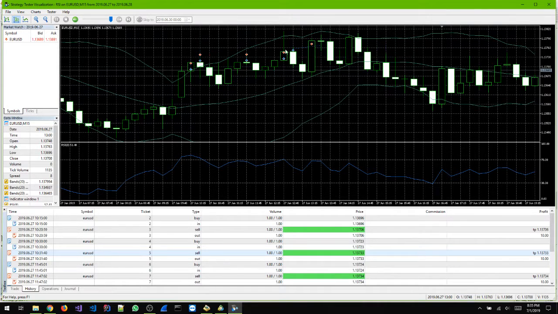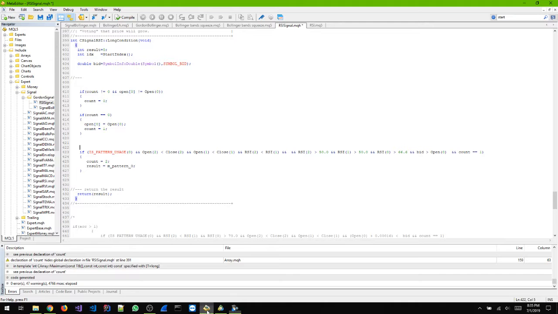So this is just a one-day demo test for the RSI. I'm going to show you the code here. This is pretty much the logic that I described just now.